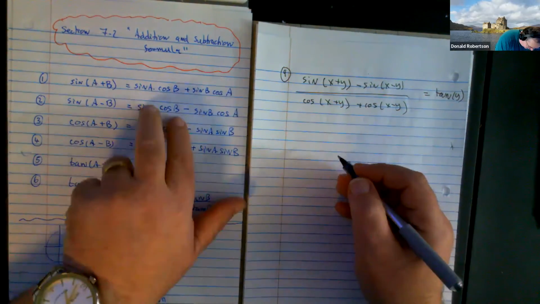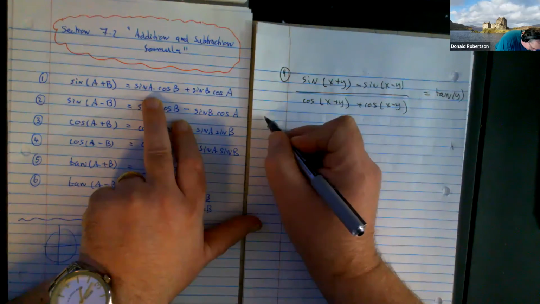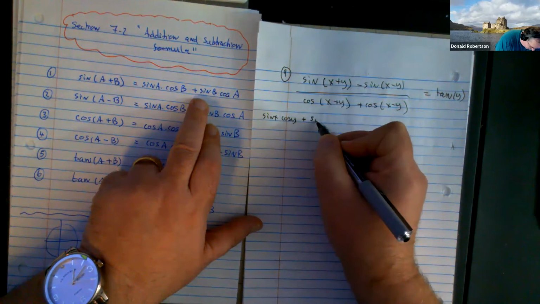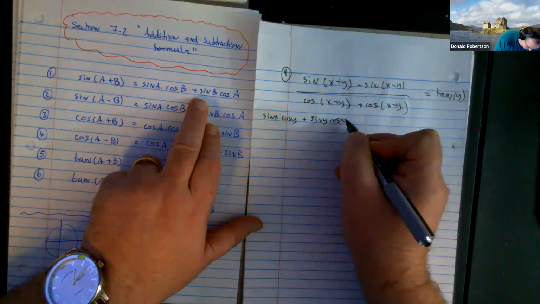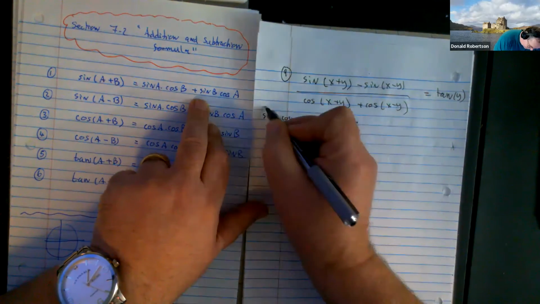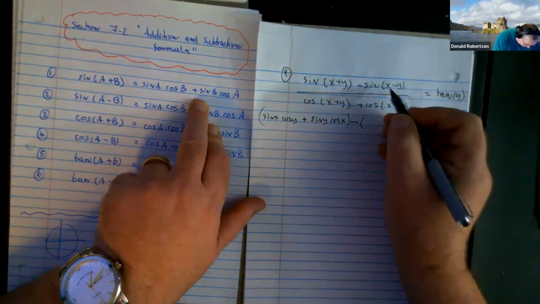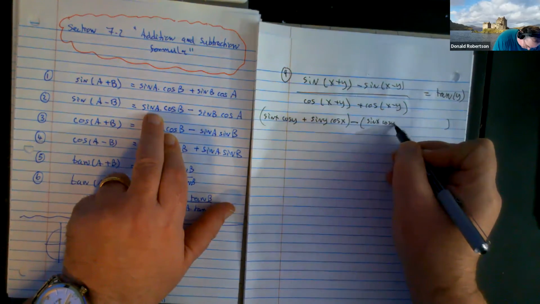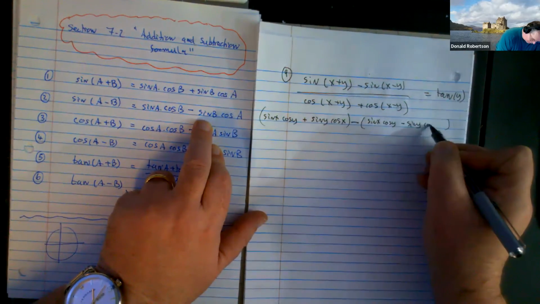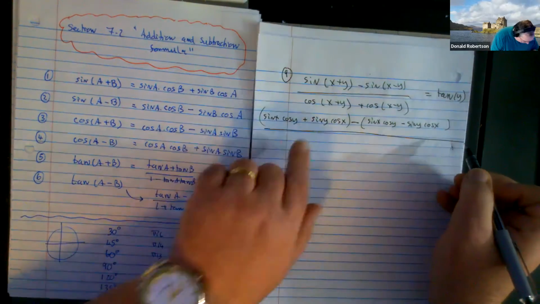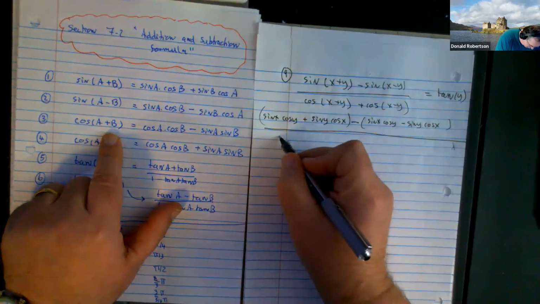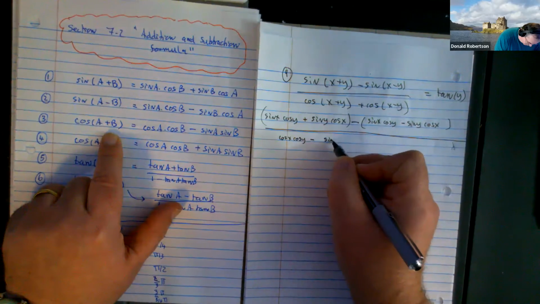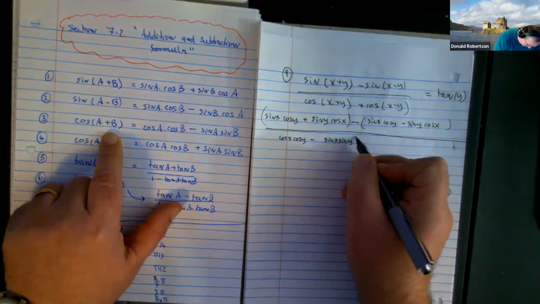So this sine of X plus Y becomes the sine of X cosine of Y plus sine of Y cosine of X. Take away, so I'll put brackets around that, take away the sine of X minus Y. So that's going to be sine of X cosine of Y, take away sine of Y cosine of X. And then cosine of X add Y is going to become cosine X cosine Y, take away sine X sine Y, subtract.